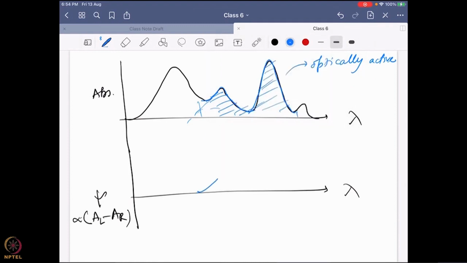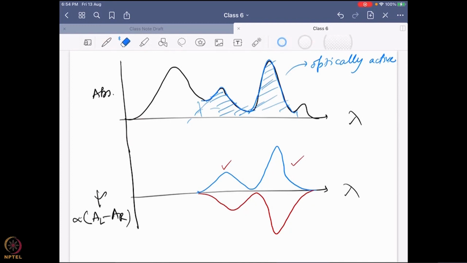So CD spectra look like the following. For one enantiomer, it will be like this. The other enantiomer, it will be like this. It is also possible that one of the bands is positive, one of the bands is negative, and vice versa. I'm just drawing one of the possibilities. I'm sorry, I didn't really draw it pretty well over here.